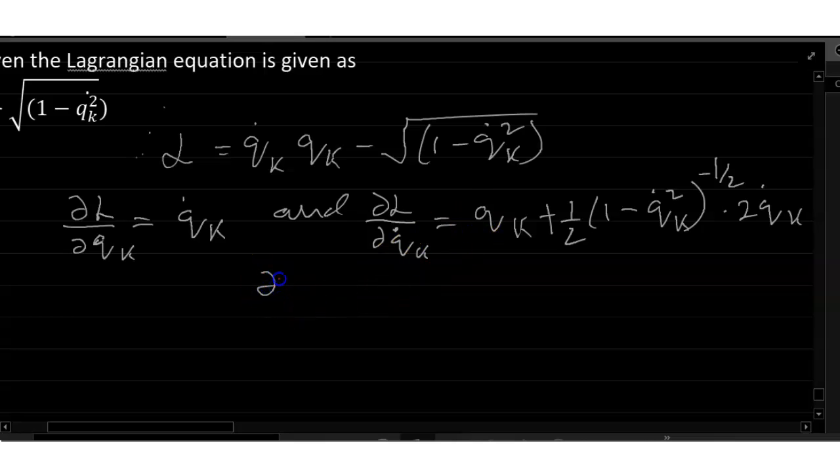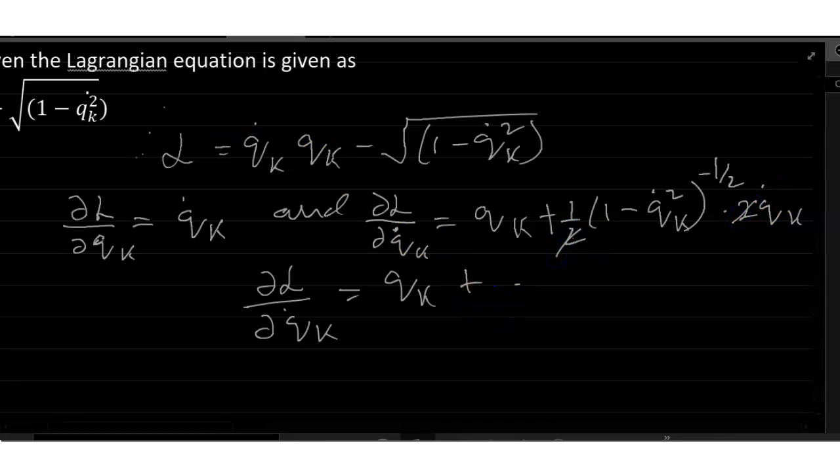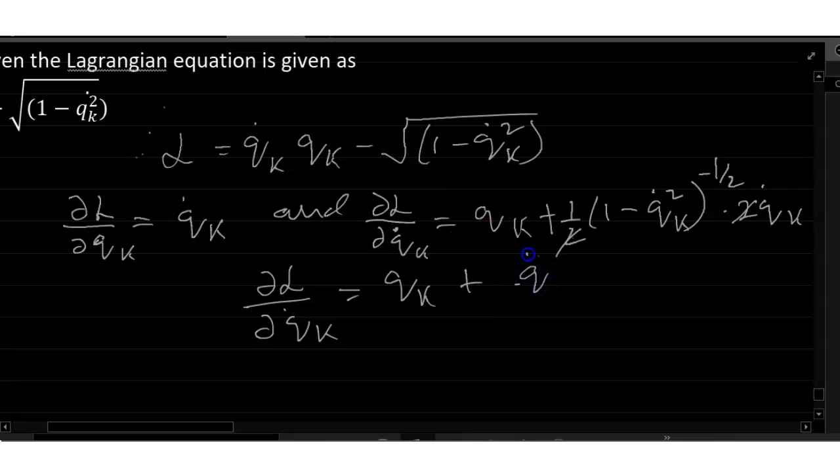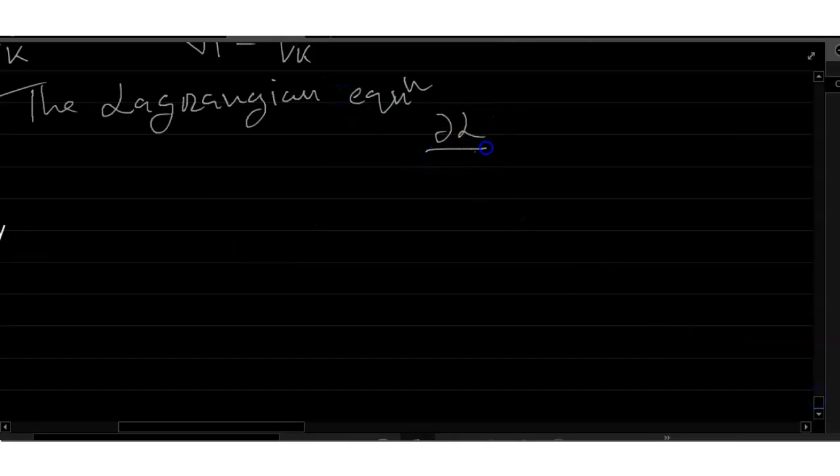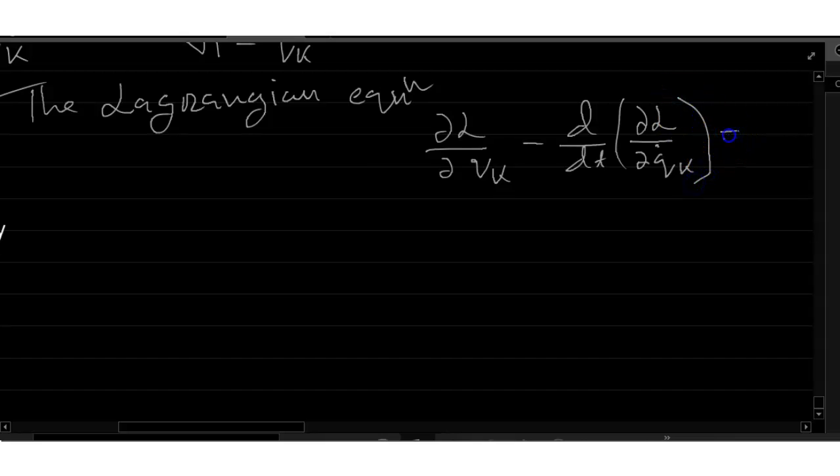So I can write ∂L/∂q̇_k equals q̇_k plus half; these two will cancel, so it is q̇_k divided by root over 1 minus q̇_k squared. Now apply the Lagrange equation: ∂L/∂q_k minus d/dt of ∂L/∂q̇_k equals 0.